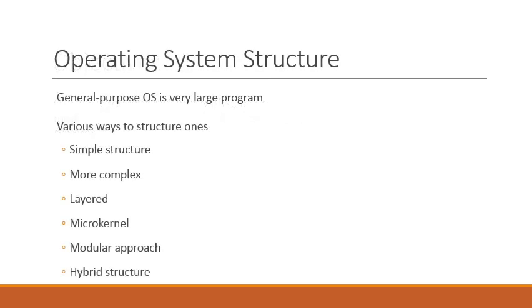Operating system is a very large and complex software. It is composed of a number of small programs. These programs are written by a team of developers over a long period of time. Like any other software, operating system code can be structured in different ways.